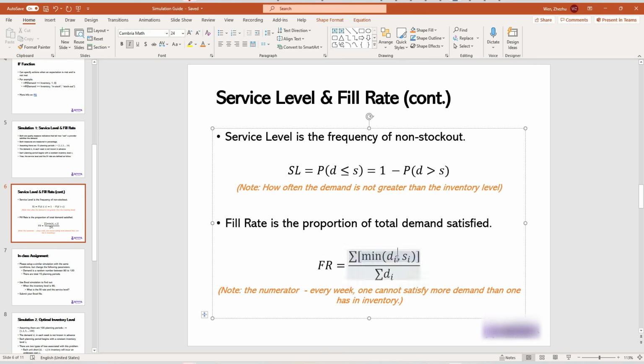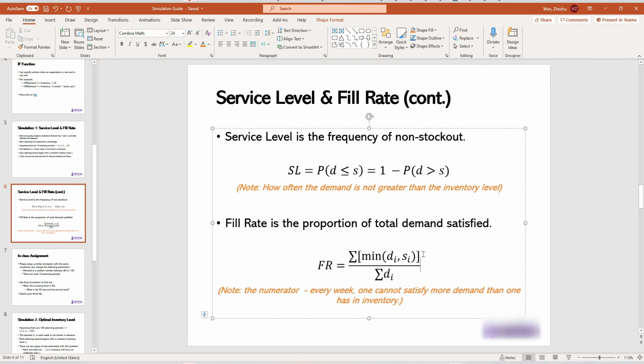Whichever number is smaller is the effective demand satisfied in that planning period. In the other case, with demand of 8 and inventory of 10, obviously you are able to fulfill all 8. Therefore, to calculate the demand satisfied in any given planning period, you just pick the smaller of the two.